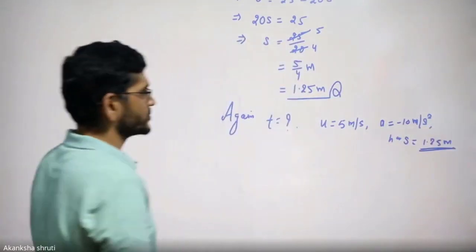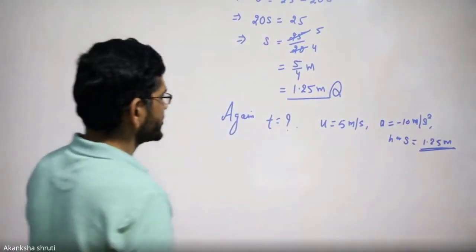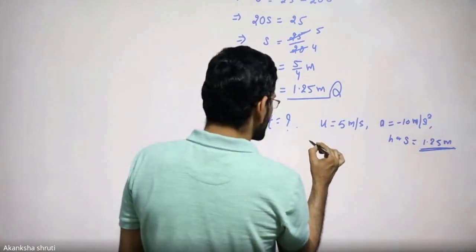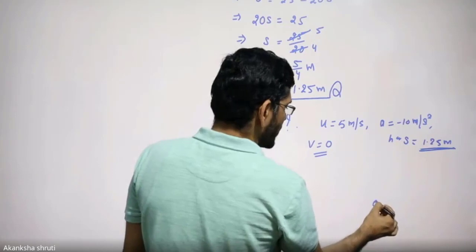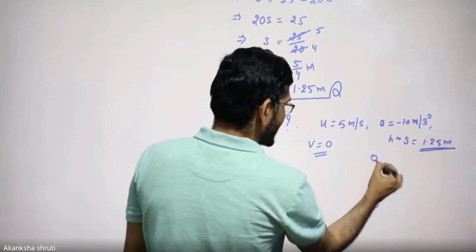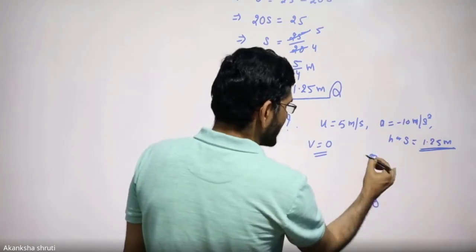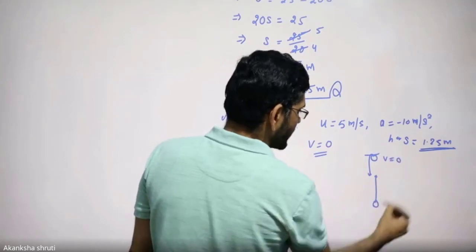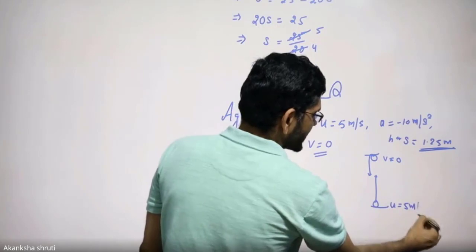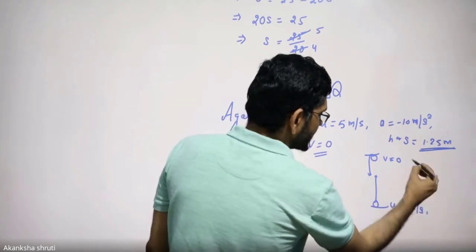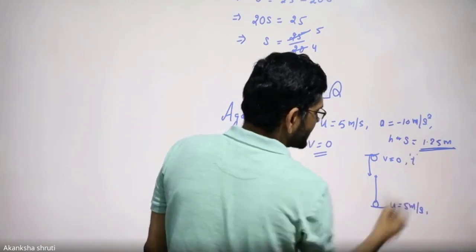Another thing is, at the top of the journey v is 0. The body is thrown here, and at this point it is going to return back. So here v is 0, and u is 5 meter per second. This was the 0 time when it started. It is taking the time t.